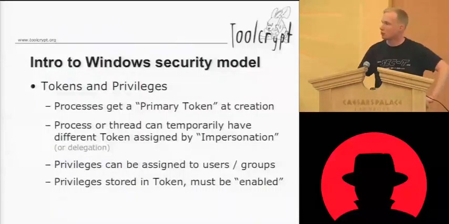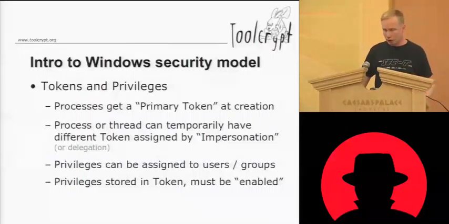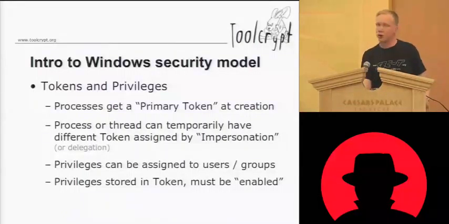And there's a lot of these that can't be controlled by regular DACLs in a security descriptor; they are controlled by privileges. These privileges are stored in a list in the token, as I said, and by default they are disabled.